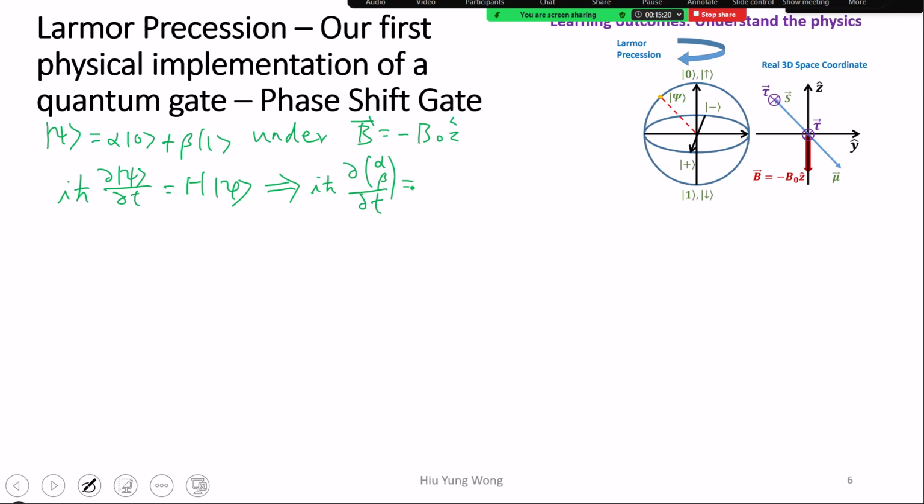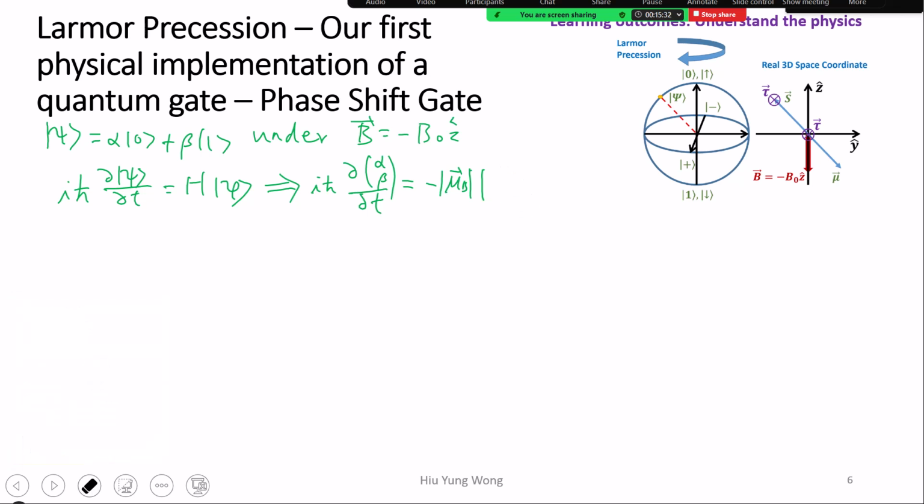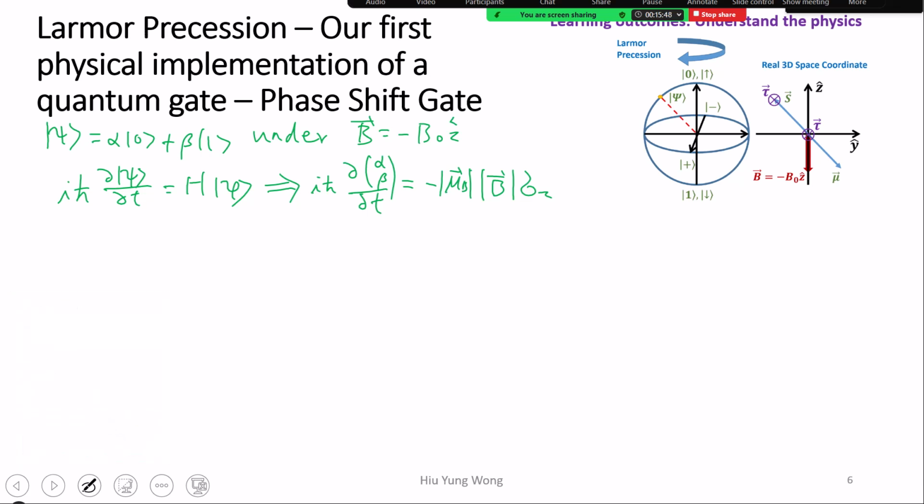The Hamiltonian is just equal to mu times the magnitude of B, these two vectors, times what? Sigma z. Right, yeah, very good. Sigma z.